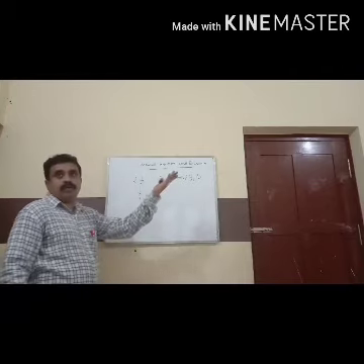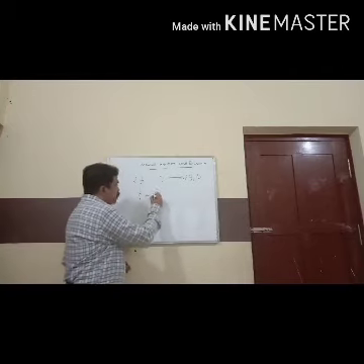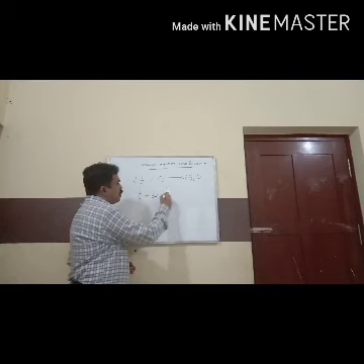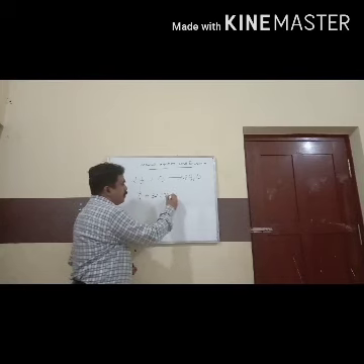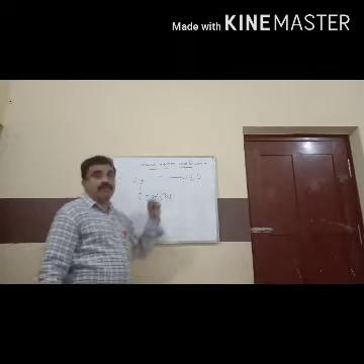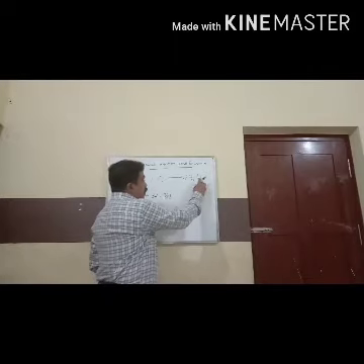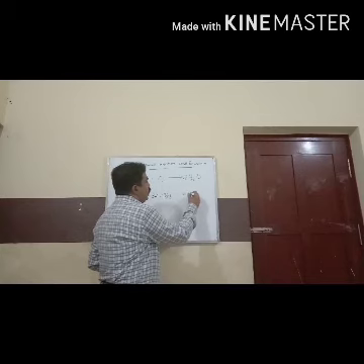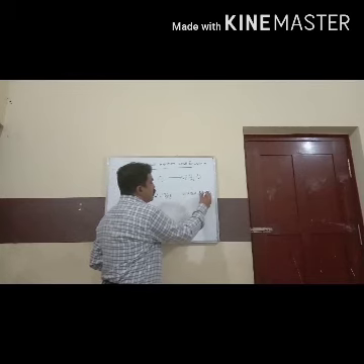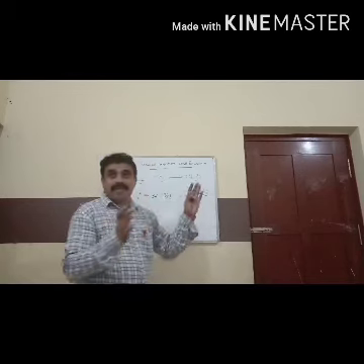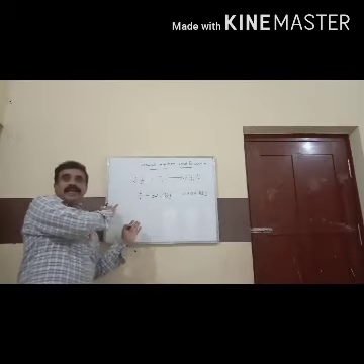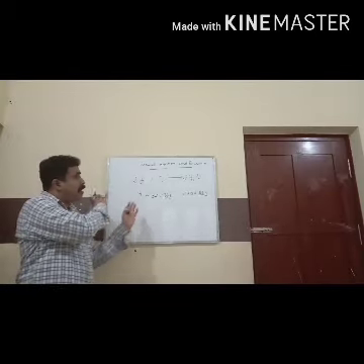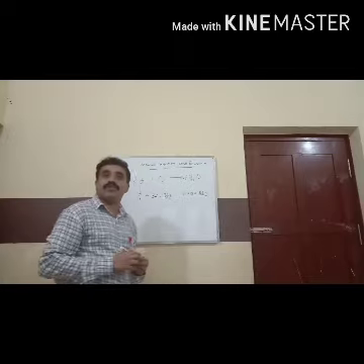Plus O2, as before, 32 gram, so this becomes 36 gram. Whereas here, earlier we saw H2O was 18, so now 2 into 18, it becomes 36 gram here also. That means the reactant side is 36 gram, as well as the product side, 36 gram.